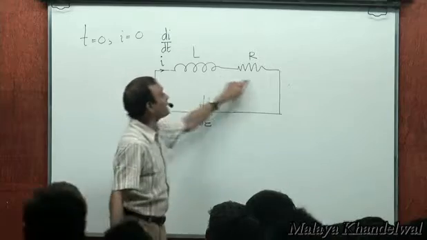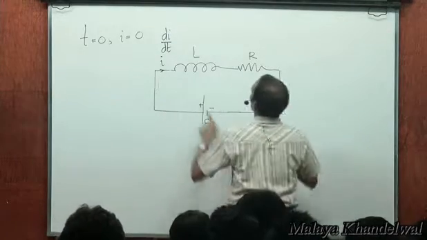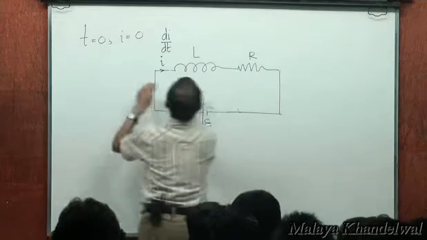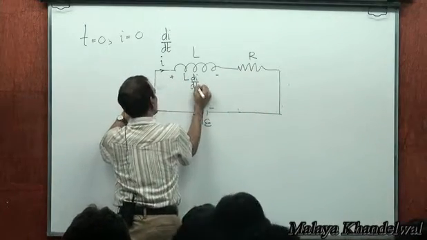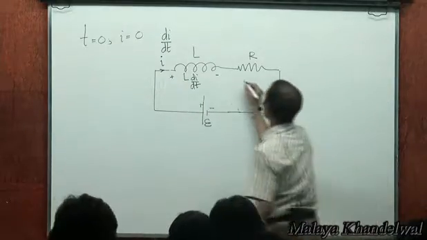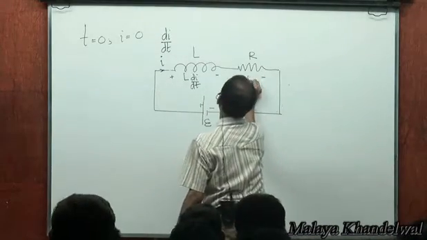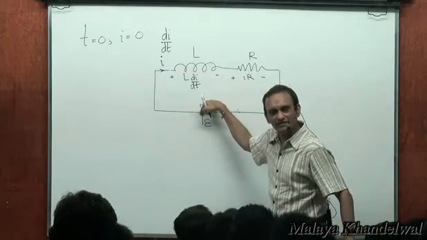So I choose to apply KVL to the loop at an instant of time t. What's the drop across the inductor element? L di/dt. Always, the drop is L di/dt. It could be a positive drop or a negative drop. What's the drop across the resistor? IR.